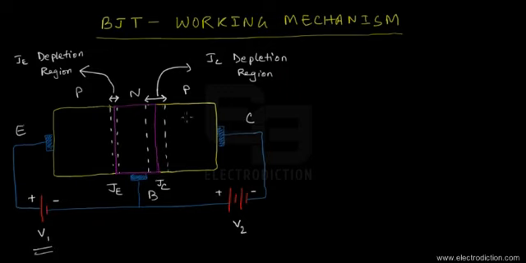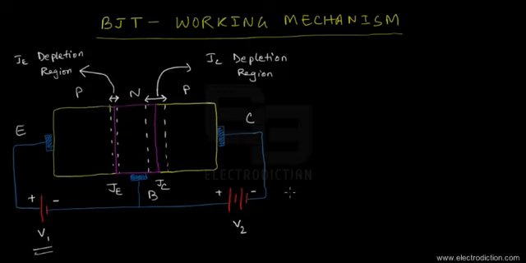Due to this activity, the collector junction, which has a depletion region existing across it, widens a little bit more.